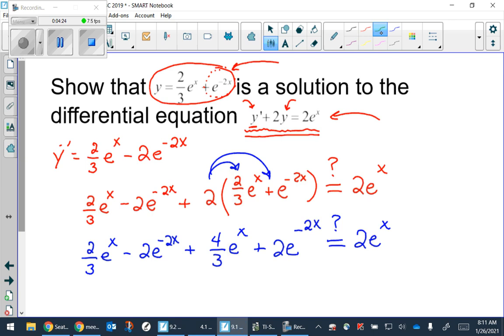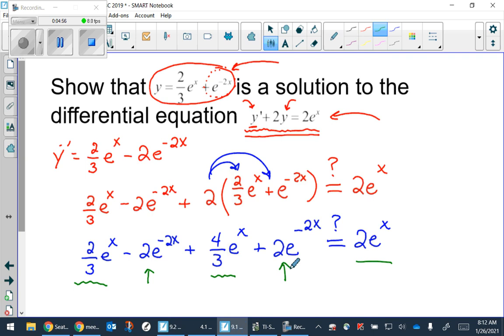Well, what do we see happening? Joe Lynch, what do you see happening? 2/3 of them plus 4/3 of them is 6/3, so I've accounted for that. But what about these guys?